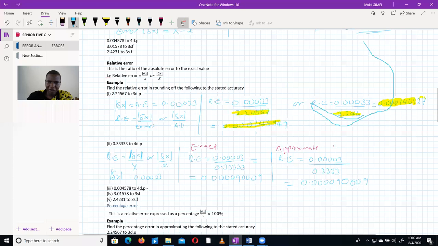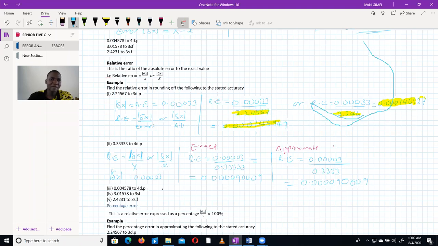So this is what you're going to do. You'll continue and finish up these last examples. At this point, you must have learned that finding absolute error is simply getting the difference between exact and approximated value, then taking the magnitude. We shall apply this in numerical methods, in the Newton-Raphson method, trapezium rule, and everywhere in all the other areas of error analysis.